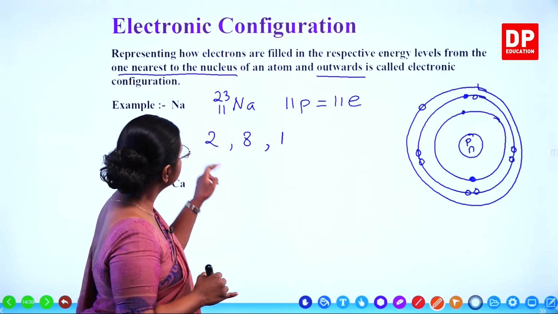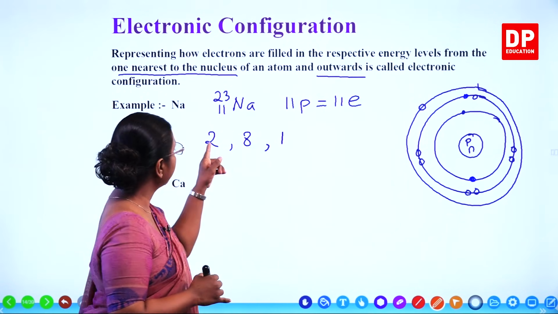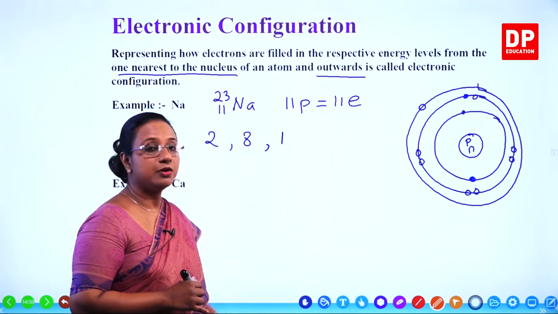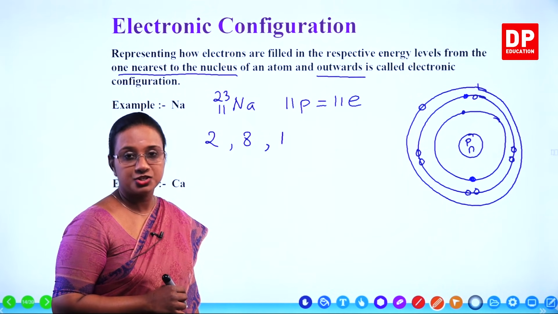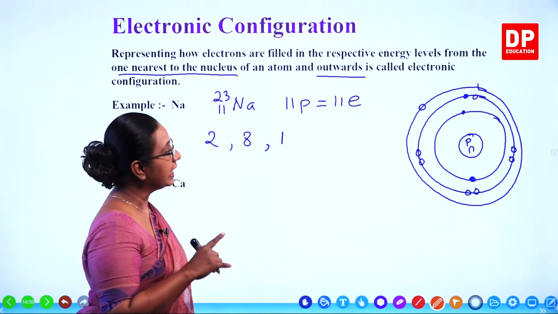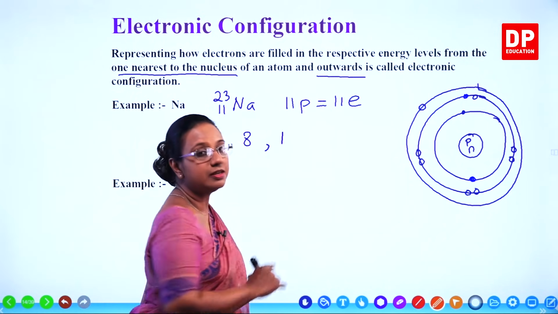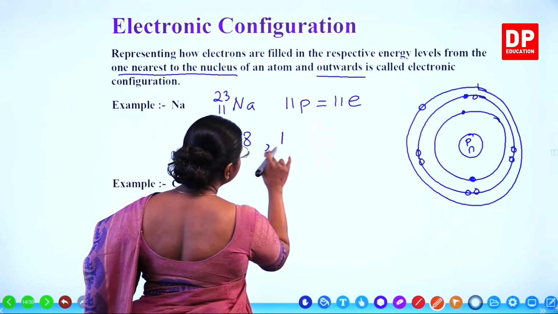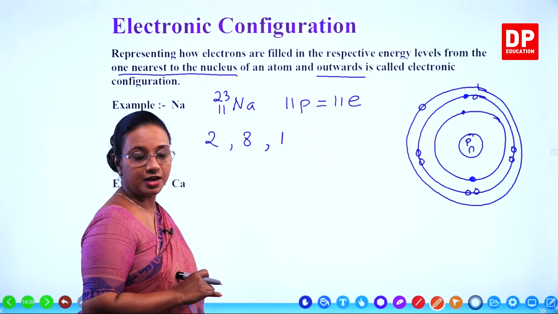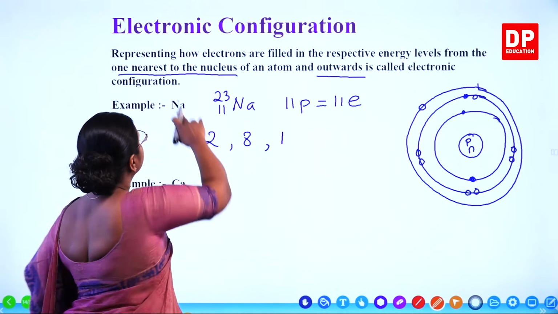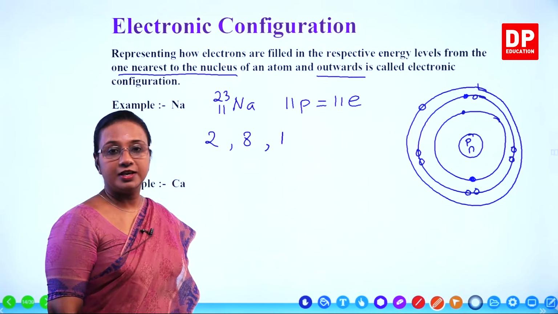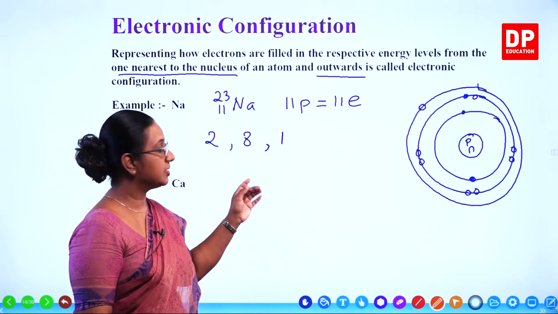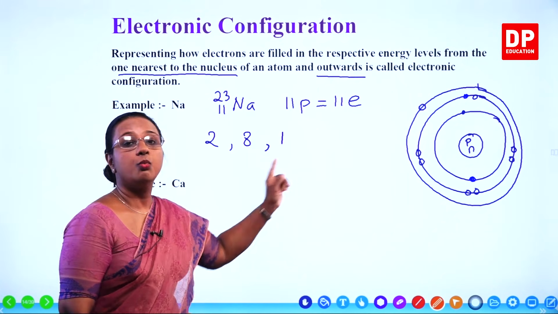So here this shows that there are 2 electrons in the first shell, 8 in the second and only 1 in the third shell. That is how the electrons are arranged in the sodium atom. And when we write this arrangement in an order, we call it the electronic configuration. So the electronic configuration of sodium is 2, 8, 1.